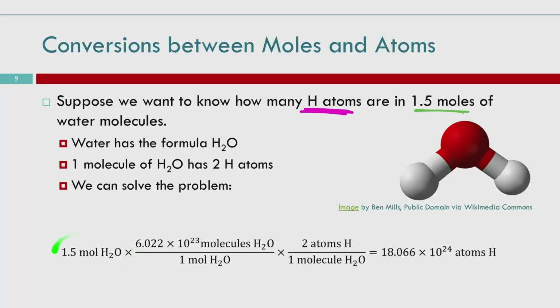So we're starting with 1.5 moles of H2O. We know that we can convert from moles to molecules using our Avogadro's number. So we take 1.5 moles H2O. We need to figure out how many molecules of H2O we have. So that's why we use our Avogadro's number.